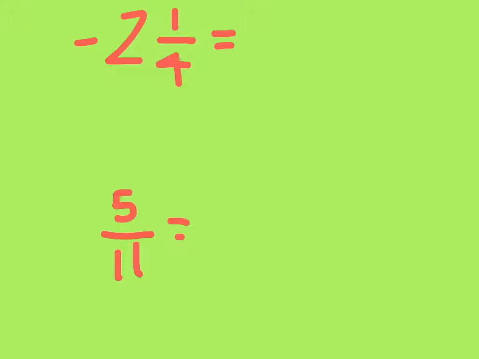Alright, so now example 1, writing rational numbers as decimals. It says write -2(1/4) as a decimal. Okay, so how you make it into a decimal is that you have to make it into an improper fraction, because right now it's a mixed number.